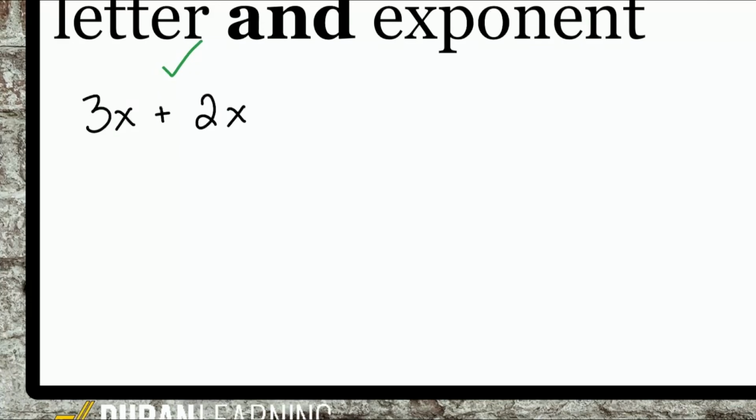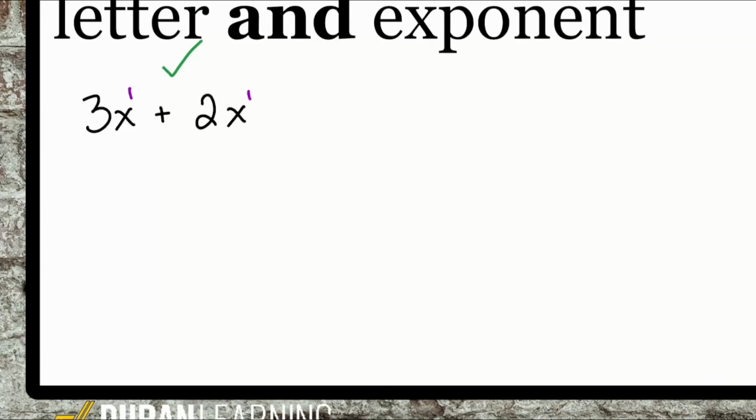Now, I want to go ahead and give a little pop quiz. When we don't see an exponent, what exponent can we assume? That's correct. That's going to be a 1. So if you don't see the exponent, again, assume it's 1.